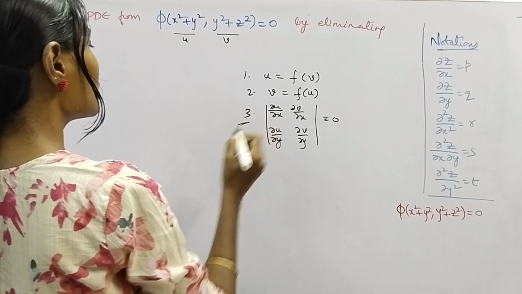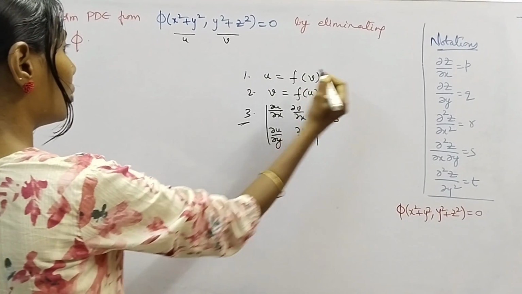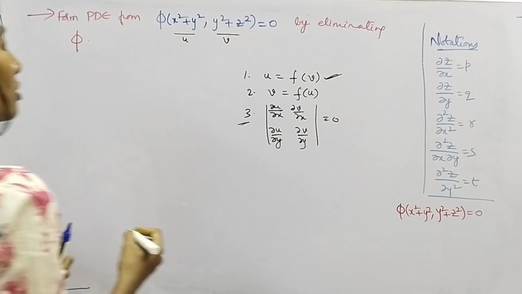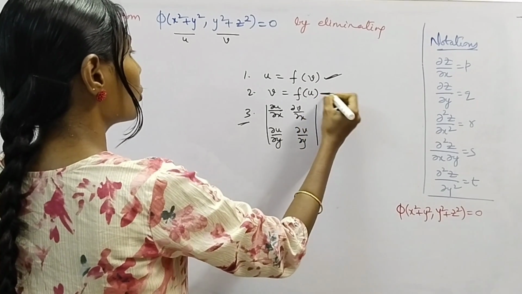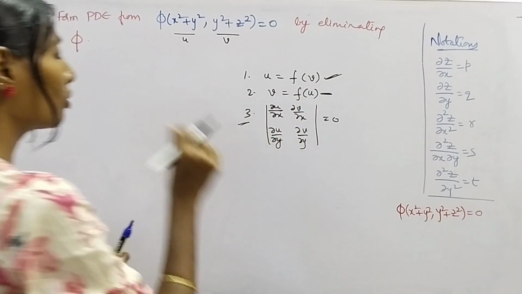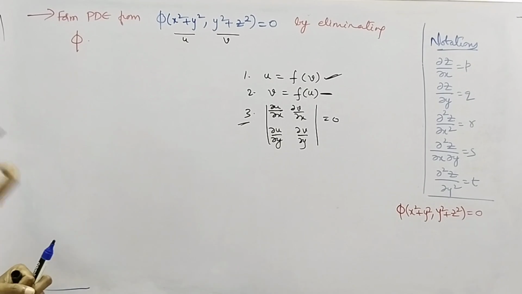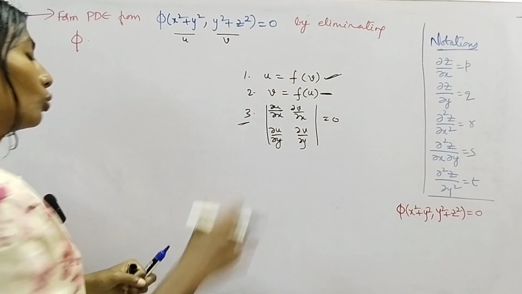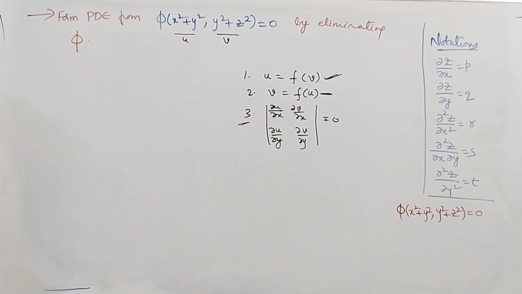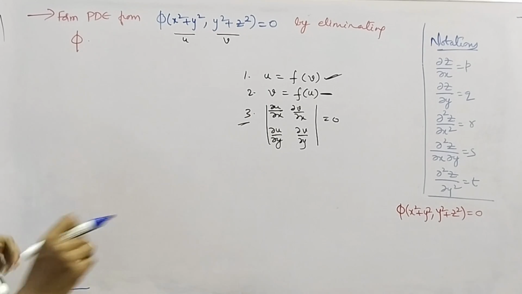This we'll see in the next video. Now I'll solve this using u equal to f of v, and finally I'll show you the solution for v equal to f of u. I'll just directly write it and show it. I'm not going to explain v equal to f of u. Fine, let's begin.